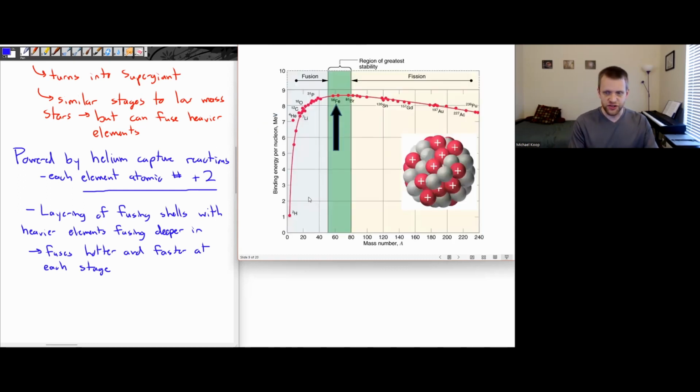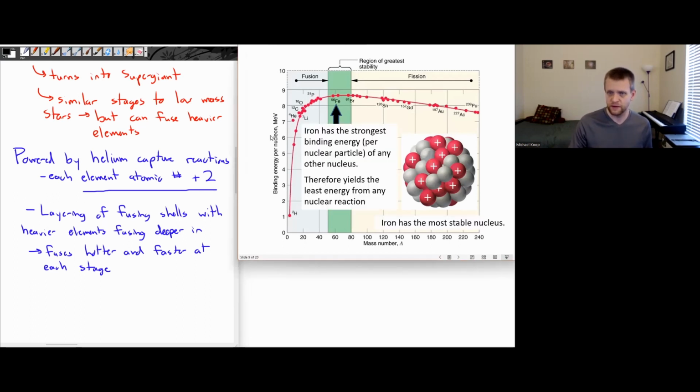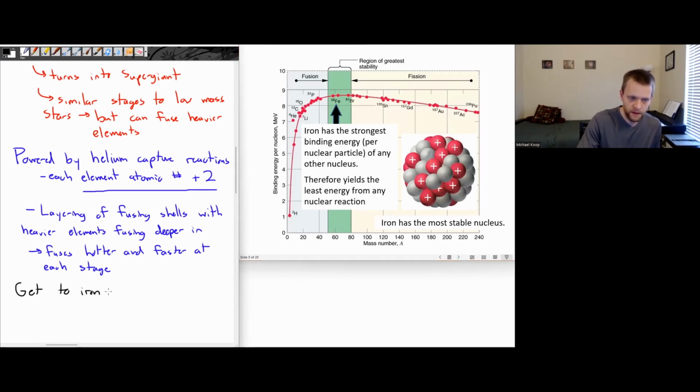Iron, iron 56 specifically, is the most stable atomic nucleus. So we get to iron, the most stable nucleus.